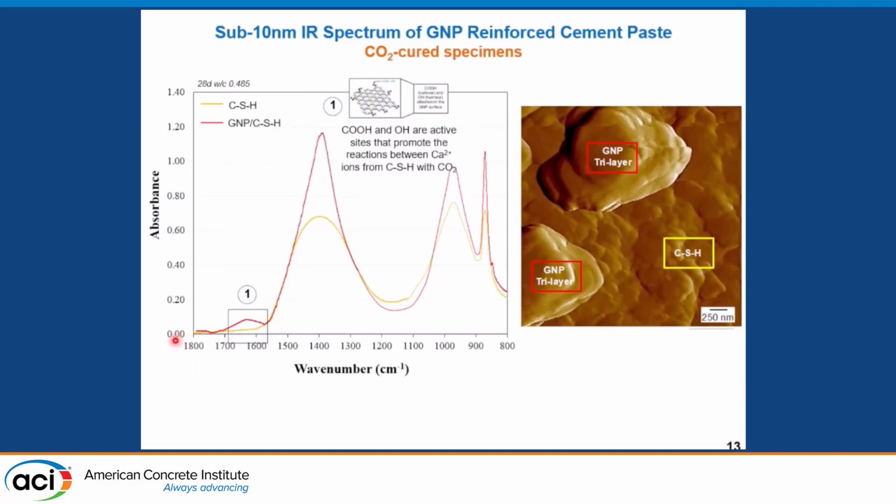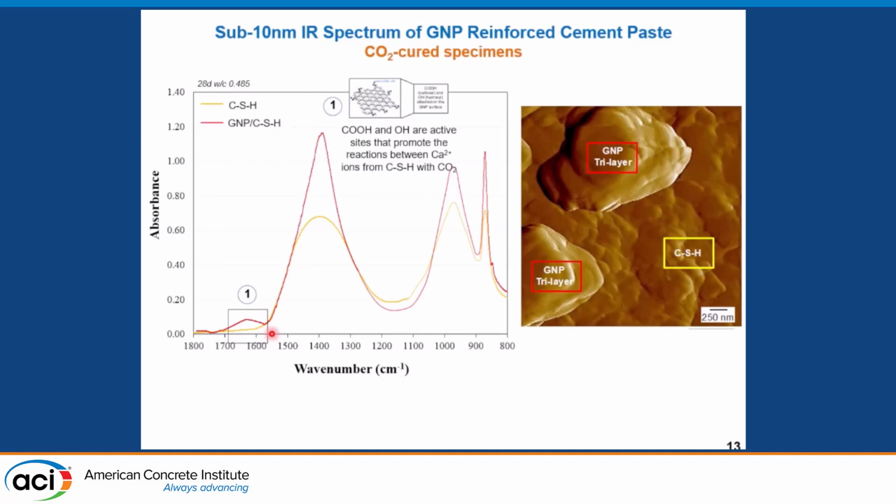But in this, the NanoIR of exfoliated GNP cement-based shows a characteristic peak of the exfoliated GNPs at the 1650 wavelength, where the double carbon and carbon-oxygen bond shows the attachment of carboxyl and hydroxyl groups onto the surface of graphene.